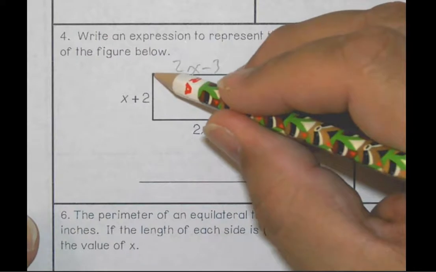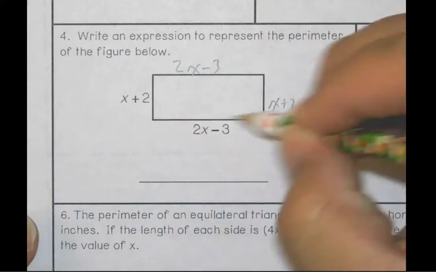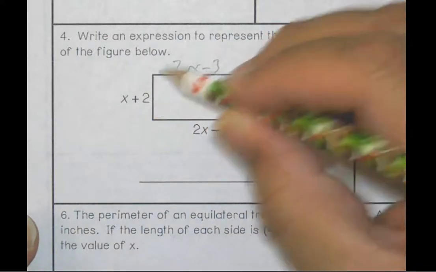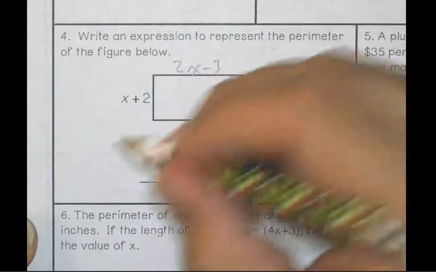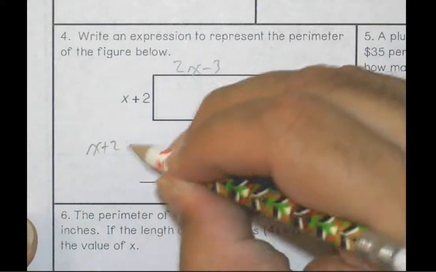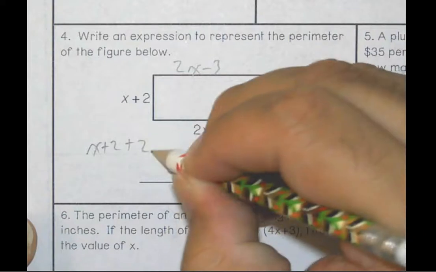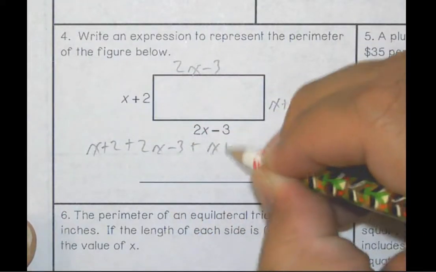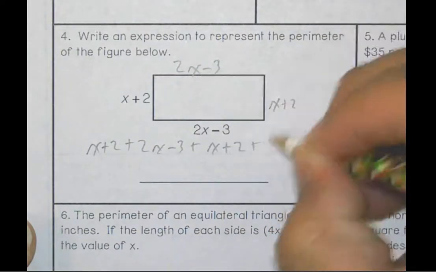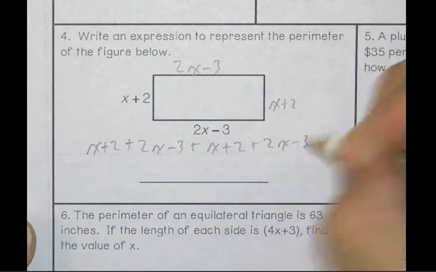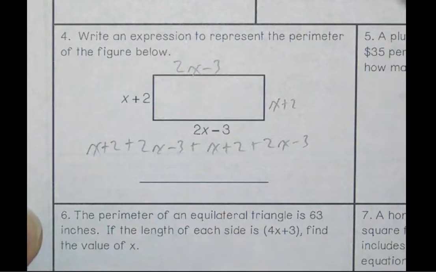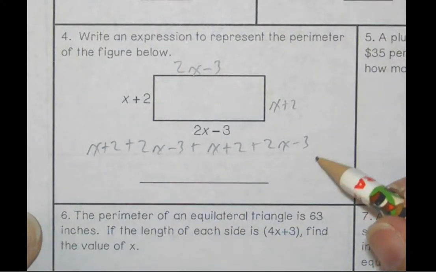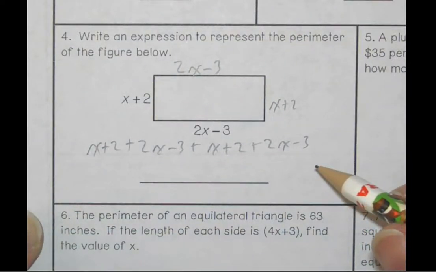So if I started here and walked down here, walked across, walked up, walked back, what I'll have is x plus 2 plus 2x minus 3 plus x plus 2 plus 2x minus 3. If you put this as your answer, I don't think I counted points off of anybody for doing that.